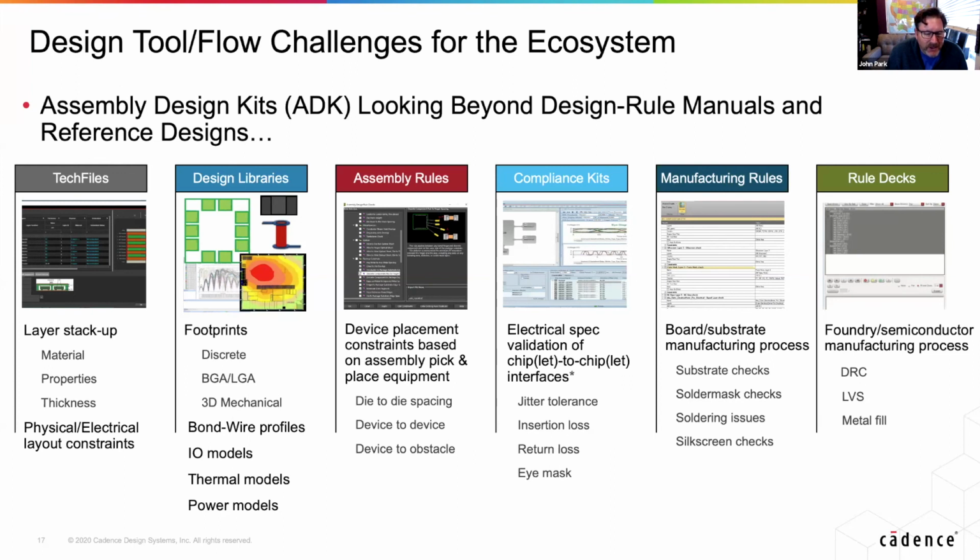Each chiplet will need to have its own thermal and power model associated with it. So I have all that under the category of design libraries, and maybe I should break that into a separate category. But absolutely, having those models is going to be critical to a good ADK.